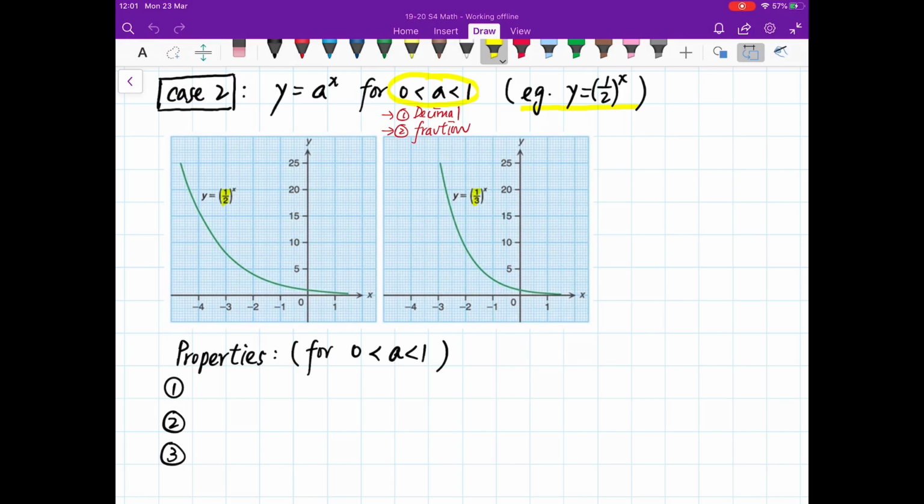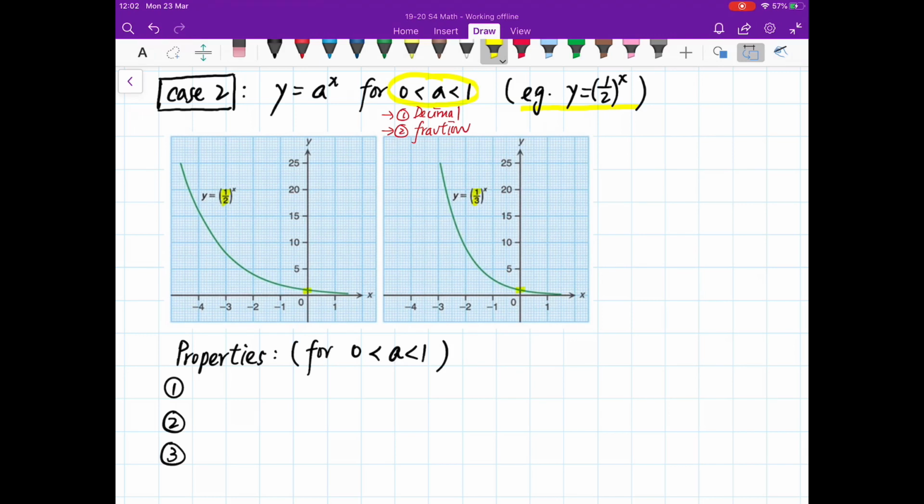So for the case that a is between 0 and 1, if the number is larger, the graph is flatter. Then this time, do the graphs intersect at (0, 1)? And the answer is yes.